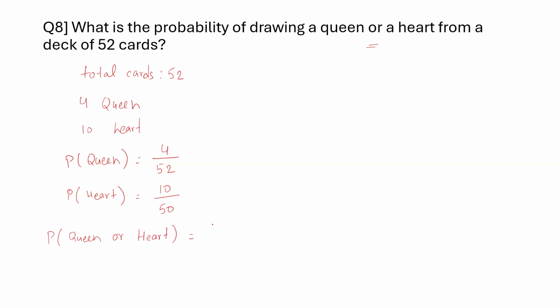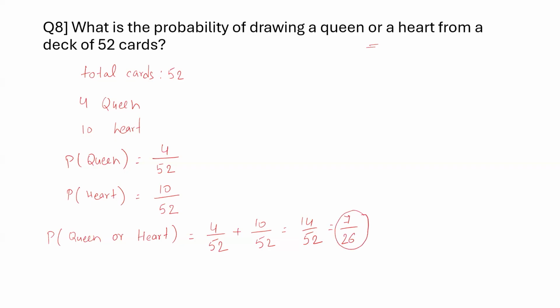And for OR probability, as I told you initially, you compute and add them up. 4 upon 52 plus 10 upon 52. So that is 14 upon 52. You can simplify it a bit: 7 upon 26. So this is your final probability.